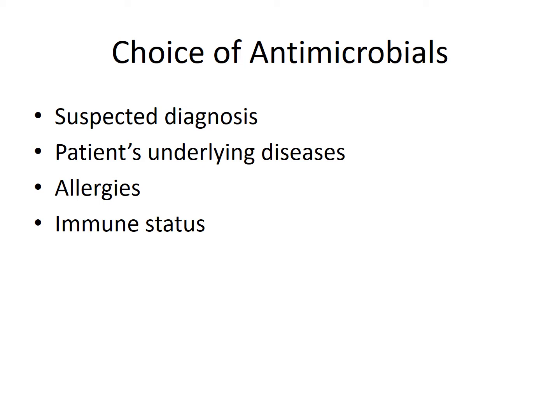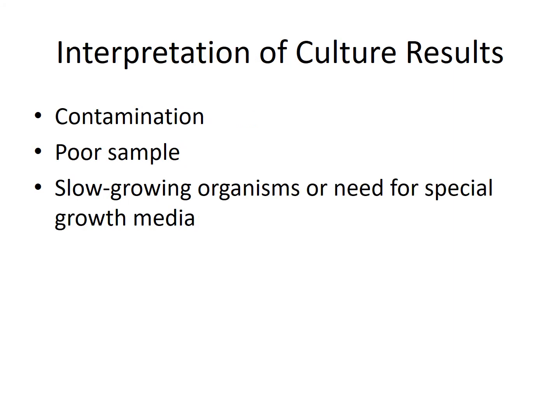Obviously, allergies, and then immune status comes into play, because for patients who are immunocompromised for any reason, you typically want to be more aggressive in your choice of antimicrobials than with someone who would be expected to have a stronger immune system and be able to offer more of a fight against whatever given infection.